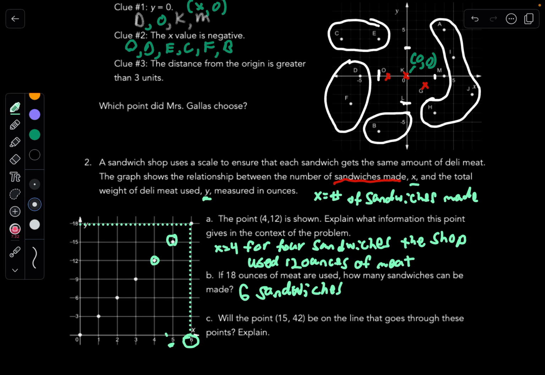Well, the point 15, which is 3 times 5, so remember proportions mean that if you multiply the X by 3, the output will increase by the same factor. So it'll be 15 times 3, which is 45. And 42 is less than that.